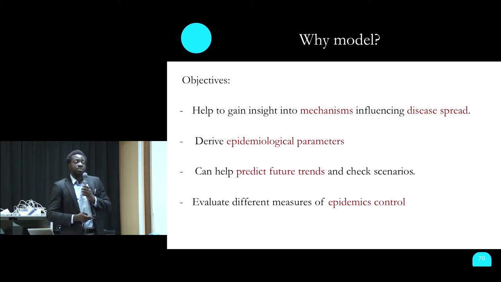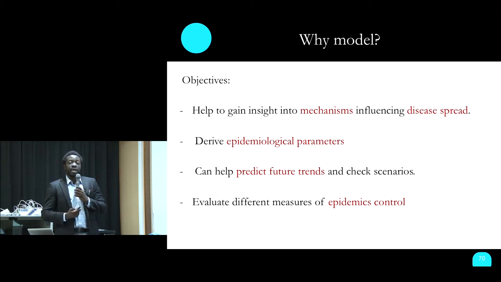Why do we use models? Remember, I asked you many questions about what we should do to eradicate polio, and why we are not able to stop obesity but we can eradicate smallpox.